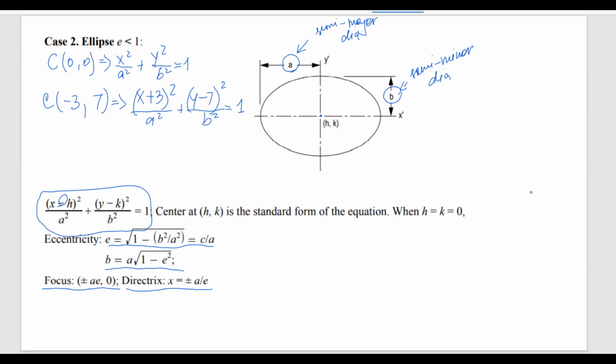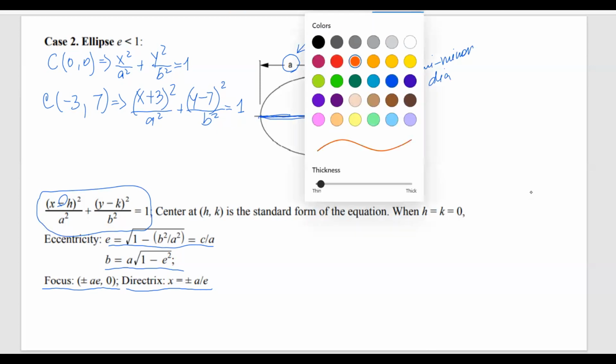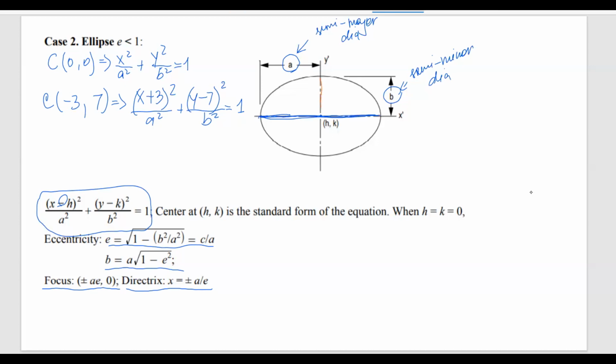And then the big diameter is called the major diameter. And the small diameter is called the minor diameter.